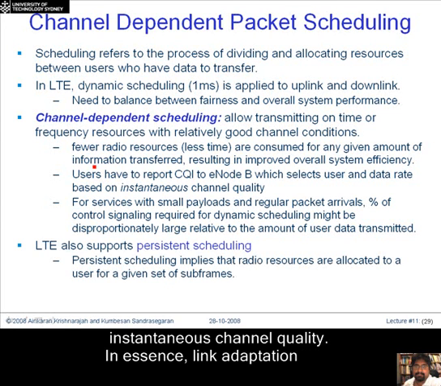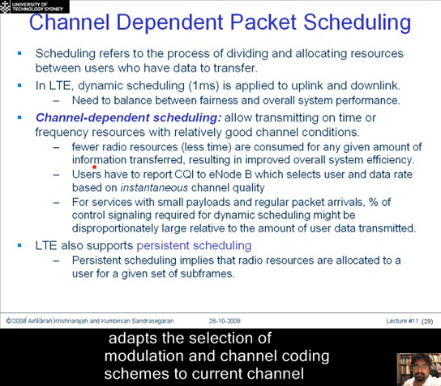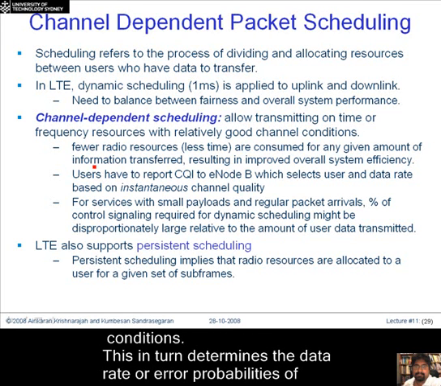So there was another scheme that was proposed, and that is called persistent scheduling. Persistent scheduling implies that radio resources are allocated to a user for a given set of subframes. So each user who has data payloads that are small and are regular might be allocated a fixed number of subframes until their status changes.